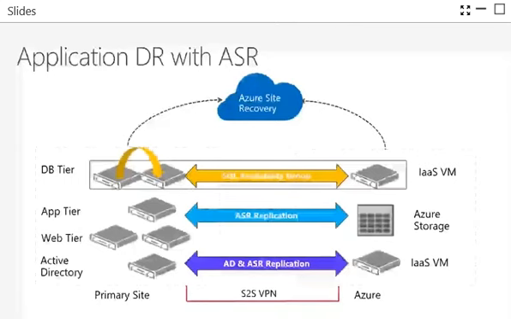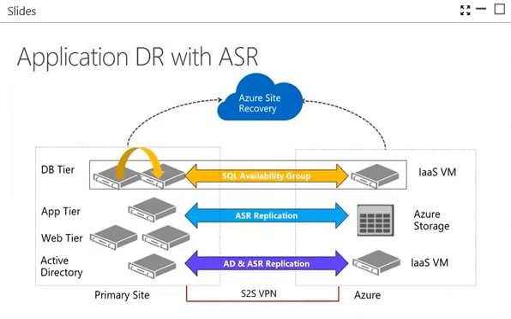So actually, when you're having a more complicated topology, usually you can leverage both the ASR replication and the AD replication. And it's all about getting different advantages of different modes of hybrid cloud. Let's say if you're doing AD replication and ASR replication, then you are covered with different scenarios.